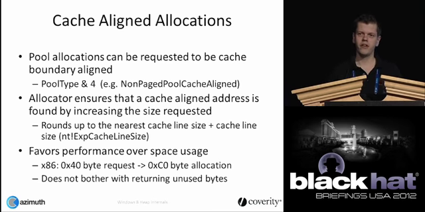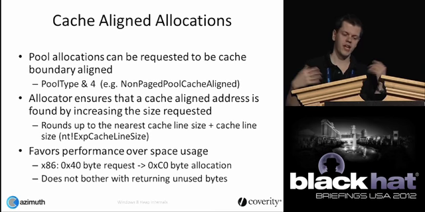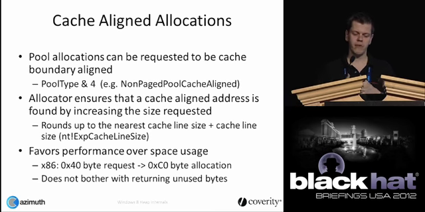And the allocator, in order to ensure that it always gets cache-aligned memory, will increase the size requested. So it rounds up to the nearest cache line size, and it adds the cache line size again. And the cache line size can be retrieved by looking at the nt!KeXCacheLineSize value. This greatly favors performance over space usage.